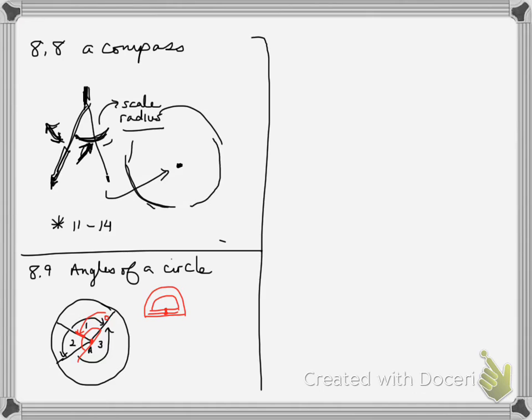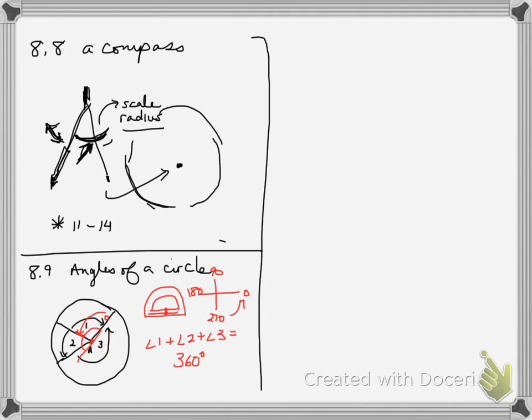The only thing I can tell you in addition to that, since you'll just be measuring with your protractor, is that angle 1 plus angle 2 plus angle 3 is going to equal what? How many degrees are in a circle? Well, we've already talked about that when we were talking about angles, but that's going to be 360 degrees. Just like when we're talking about angles, we've got 0, 90, 180, 270, and back around 360.